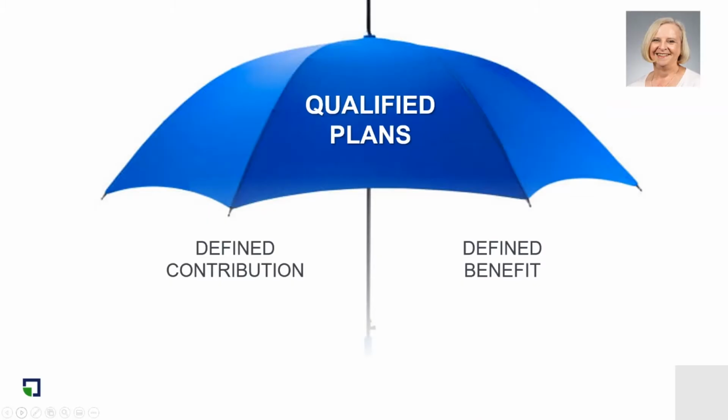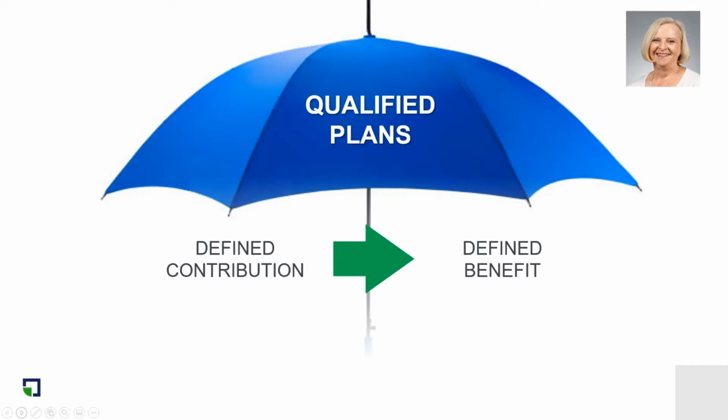A defined benefit plan, on the other hand, starts with a specific benefit that will be paid out to a participant on their retirement date, and then calculates what that contribution has to be right now in order to reach that benefit goal when they're ready to retire. And so because of market fluctuation and other factors, these defined benefit contributions are much, much larger than a defined contribution.